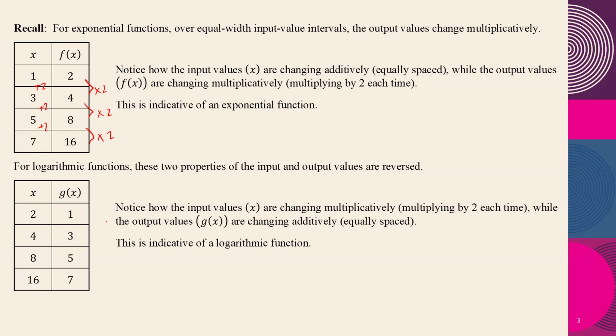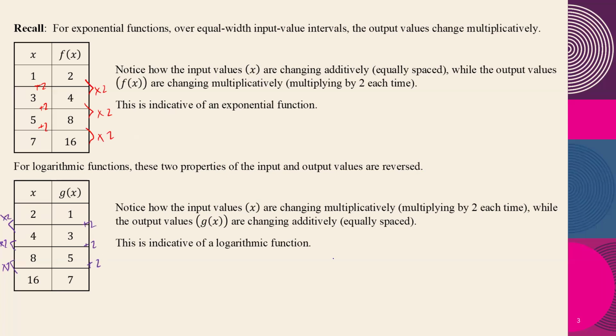Now, log is going to be the opposite of that. Log is going to be the reverse of that concept. So for log, instead of having a multiplicative pattern between your y's, your output, it is now between your input, your x's. Your x's are growing in some pattern. So when you look here, my x's are the ones that are being multiplied by 2, and my y's are the ones that are equally spaced.